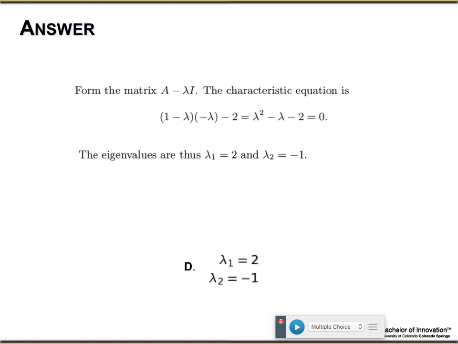I actually have here lambda squared minus lambda minus 2, and the roots of that are 2 and minus 1. So that gives us D.